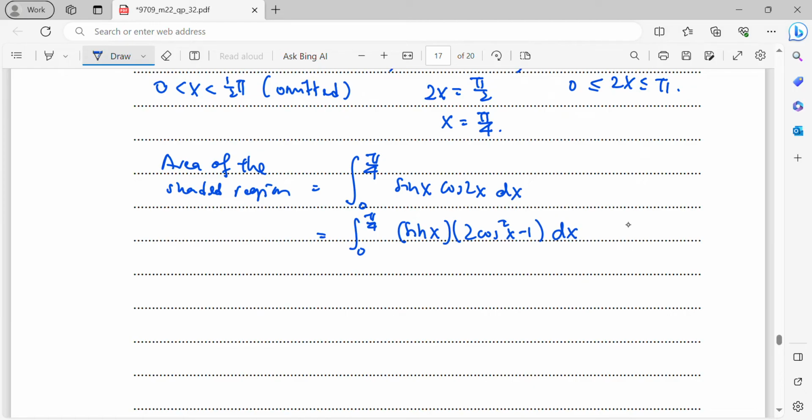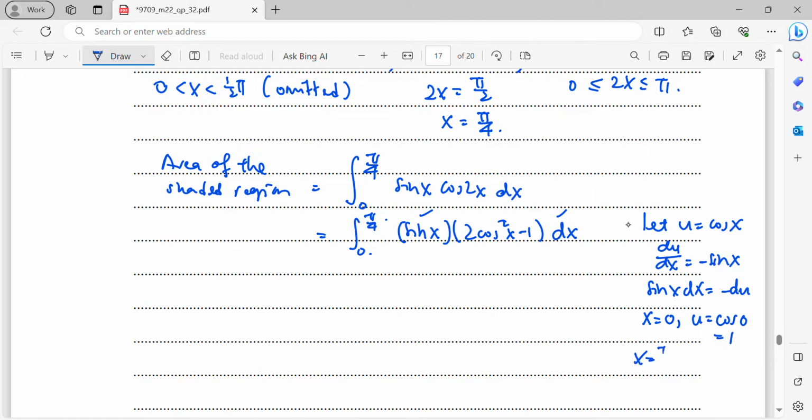Okay. And then now I will let u be cos x. Then du over dx is negative sine x. Therefore, sine x dx will be negative du. After this, we have to get the new limits. When x equals 0, u is cos 0, which is 1.